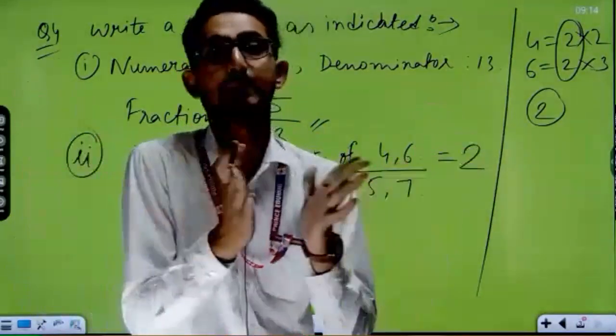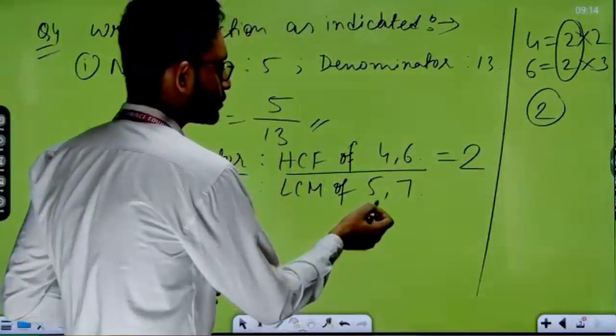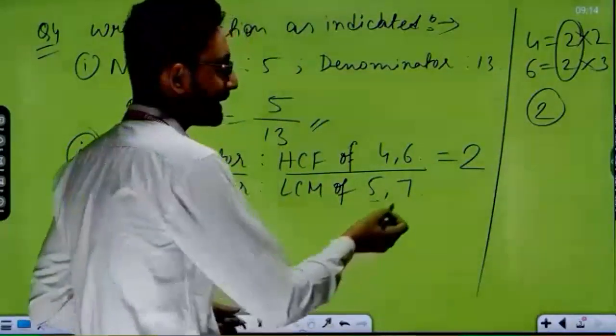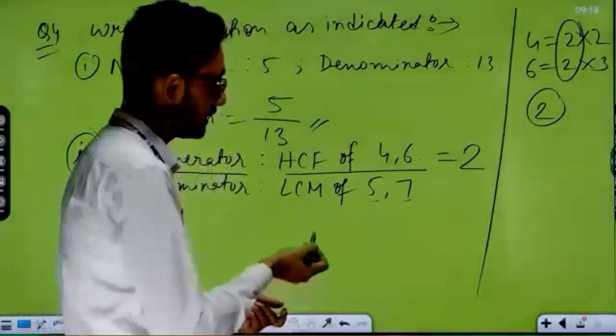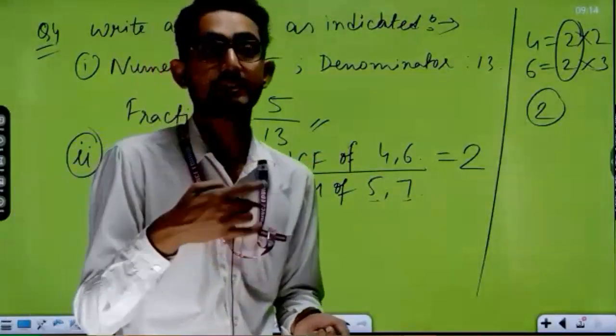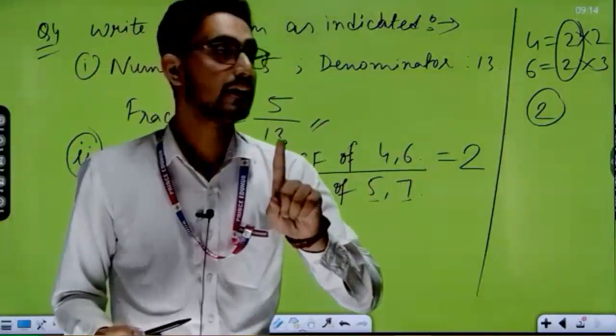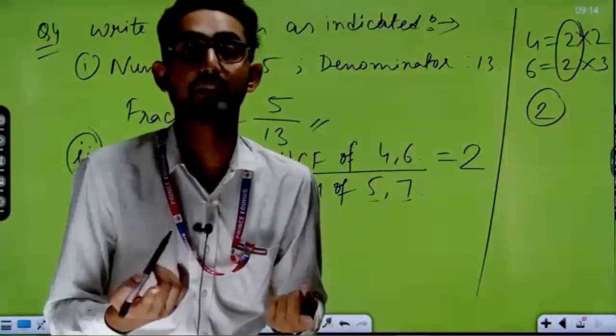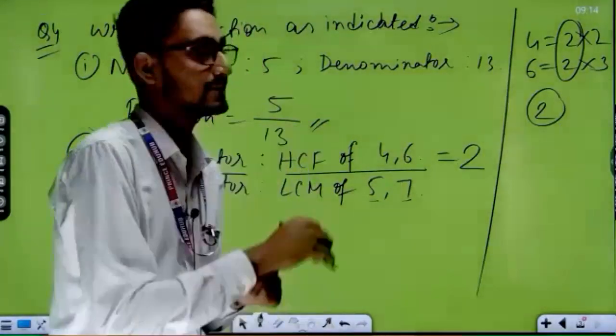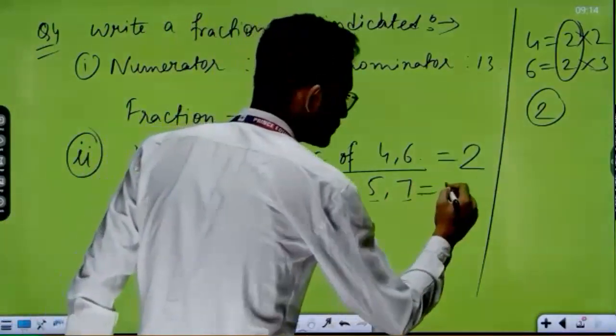Suppose here 5 is a prime number and 7 is also a prime number. You have to find the LCM. So in that case, LCM is equal to 5 multiply 7, and 5 multiply 7 is equal to 35.